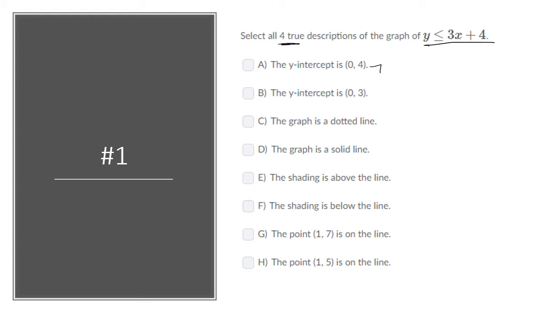If I look at the first two, I notice that they're relatively the same, so I'm going to analyze them together. It says that the y-intercept is either at 0, 4 or 0, 3. If you'll remember from class, we talked about slope-intercept form today. y equals mx plus b, and that b value is my y-intercept.